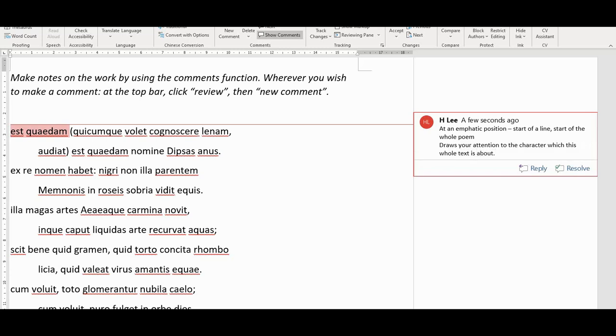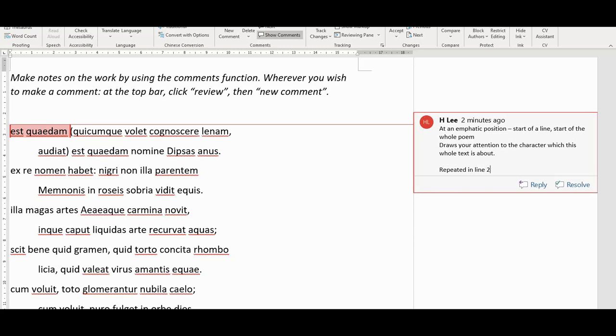Okay, if Ovid's mission in this text is to tell you more about Dipsas and to give her qualities that are negative and so on, then making sure you know what this whole poem is about is going to be pretty useful, right? So that's why he does it. And he re-emphasizes that by repeating the phrase in line 2 as well.